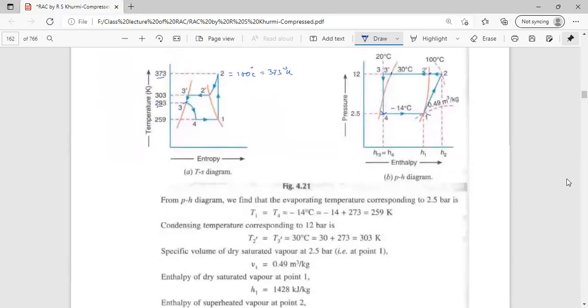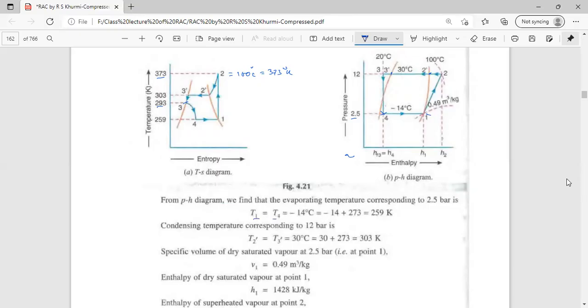From the p-h diagram, that is the pressure enthalpy diagram, we find the evaporating temperature corresponding to 2.5 bar, that is the lower pressure, or the inlet pressure of the evaporator as well as the compressor, given as T1, which is equal to T4.